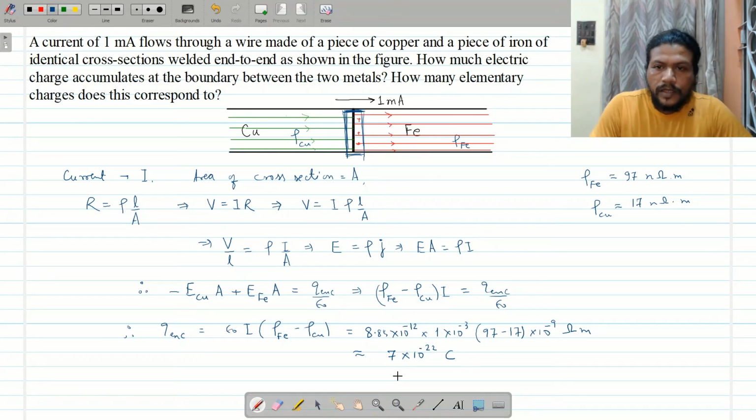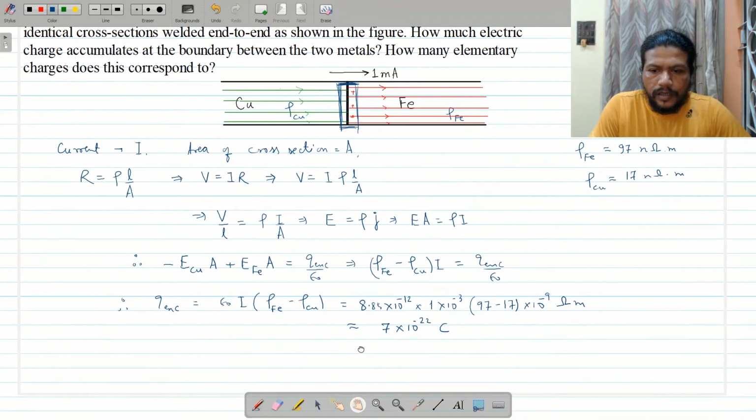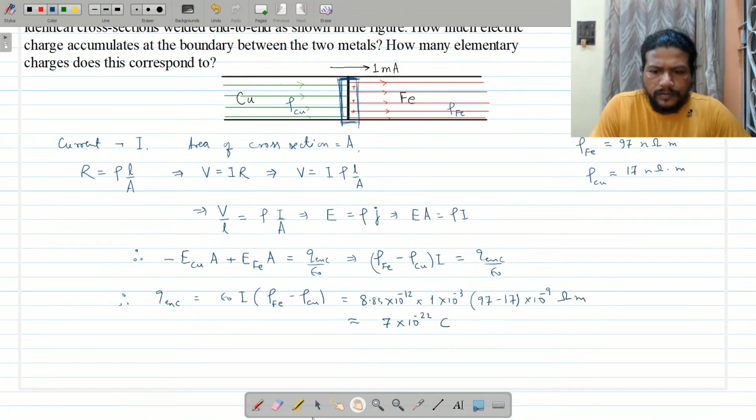And interestingly, this is quite a small charge, by the way. If you notice, the charge is actually less than the elementary charge. If we compare it with the elementary charge, which is around 1.6 times 10 to the power minus 19 coulomb, how many electrons does it give us?